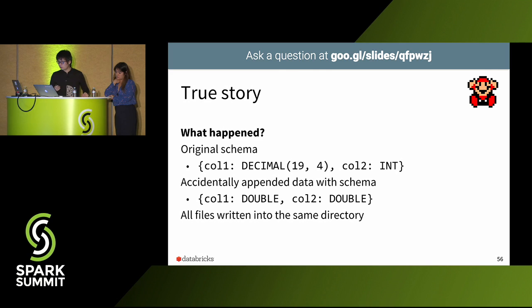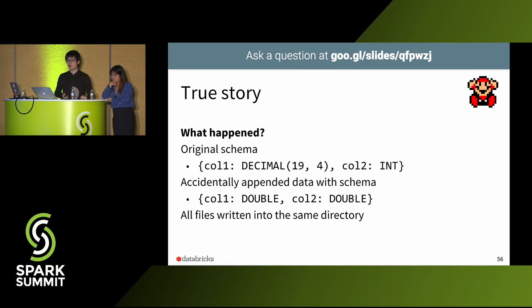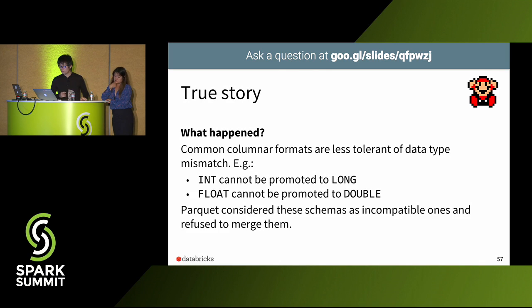And all those files were written into the same directory. Therefore, Parquet sees these two kinds of different schema and cannot really merge them. And although every individual Parquet file is intact and good, as a whole dataset, this table itself is considered corrupted.